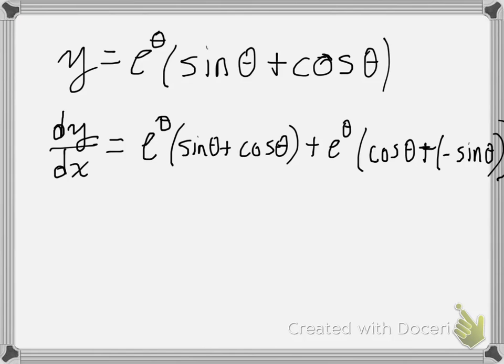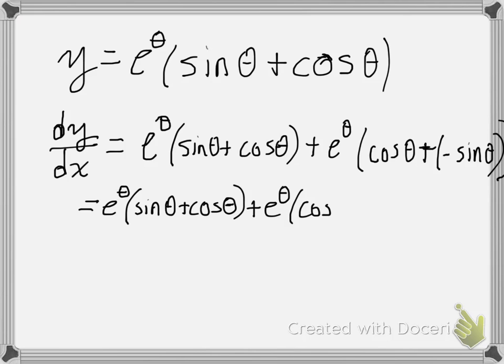Alright, now if we simplify this a little bit, we have e to the theta times the sine theta plus cosine theta, and then plus e to the theta, and then this side right here, right? Now the only thing to do now is just distribute.